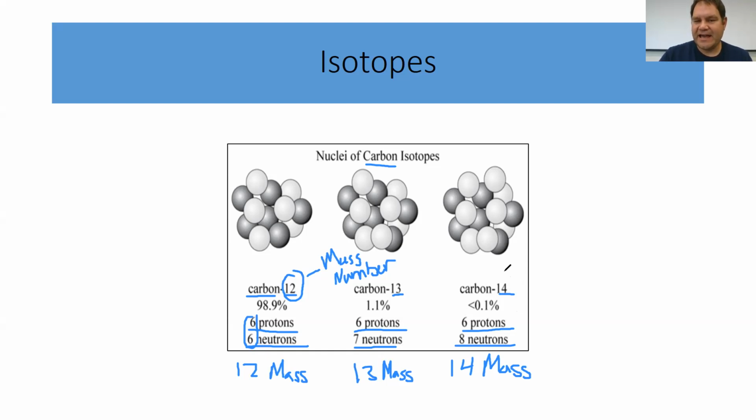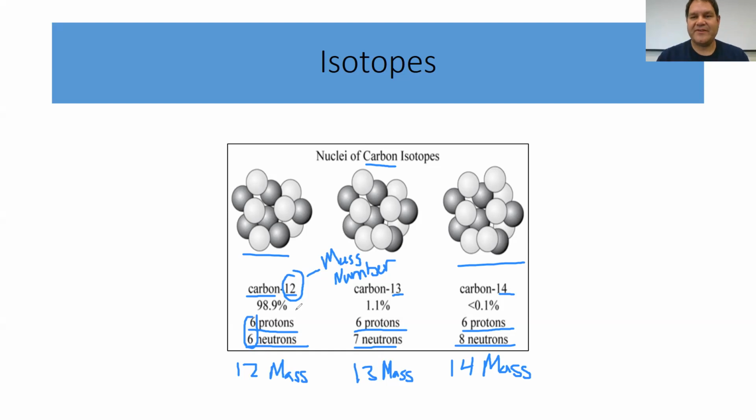So carbon 14 atoms are the least abundant in nature, and carbon 12 is the most common carbon atom found in nature. We will talk more about the abundance of these isotopes at a later date this year. But just know that isotopes of the same element are not found in equal abundance in nature. Okay, so keep that in mind.